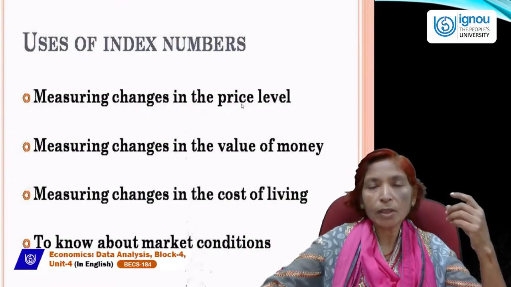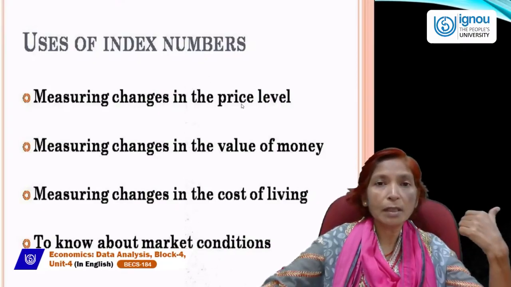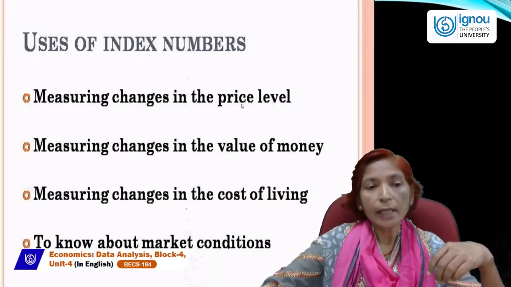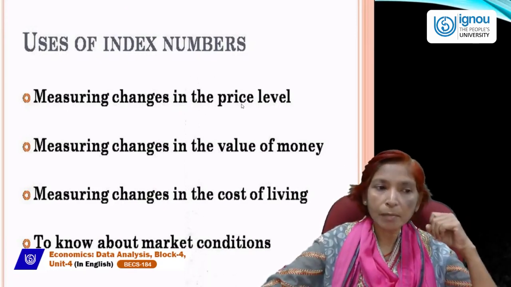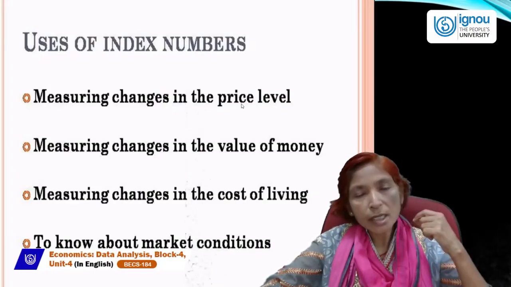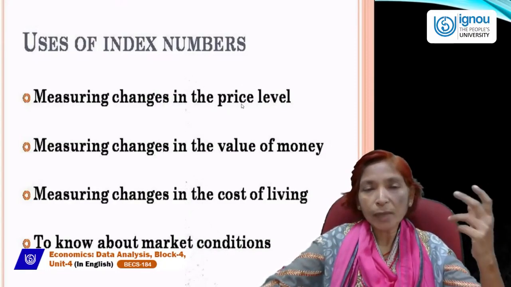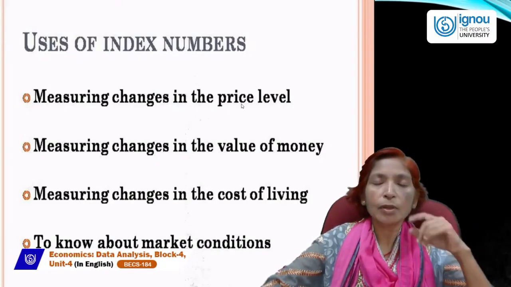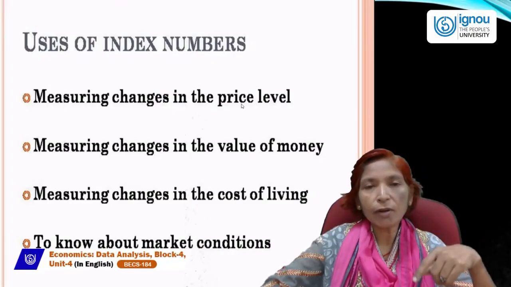If we want to compare the price of a commodity at present and in the previous year, it is measurable with the help of index number. Index number is also very useful for measuring the changes in the value of money. How much the value of money will increase or decrease depends upon the price. If price increases, then the value of money will fall.